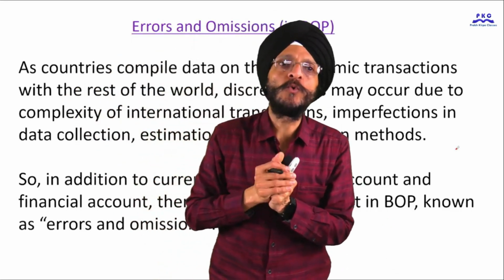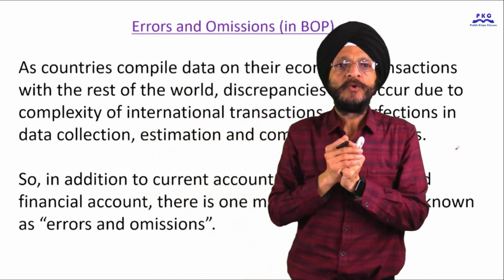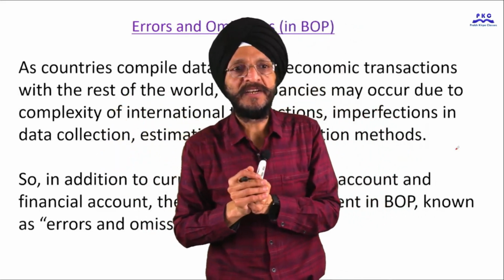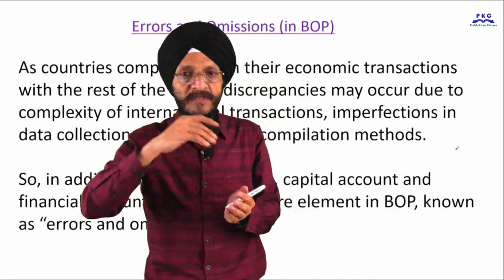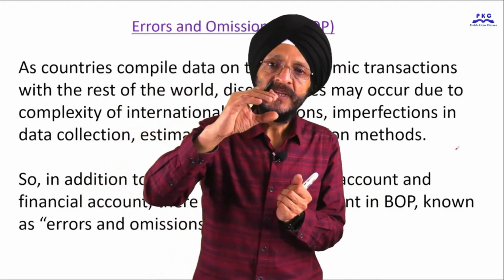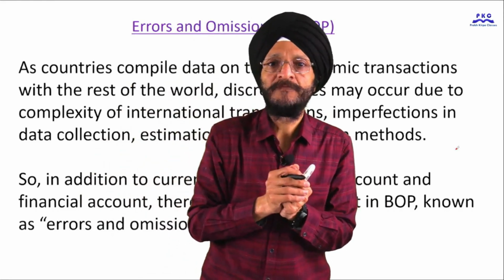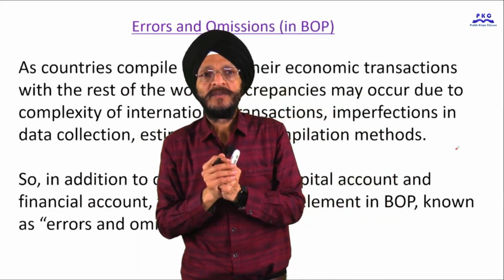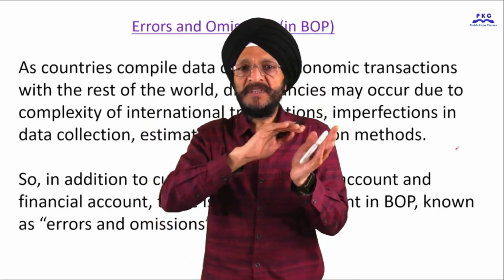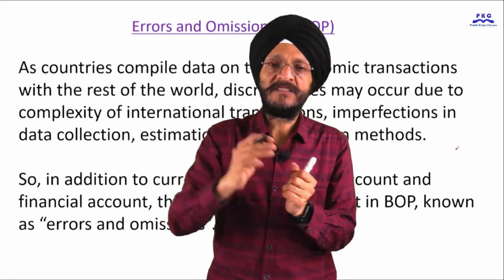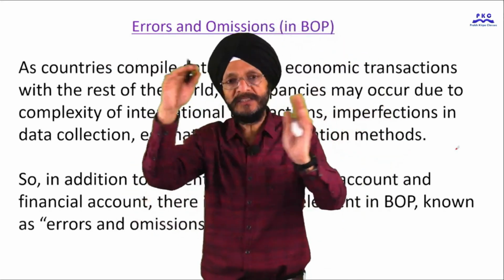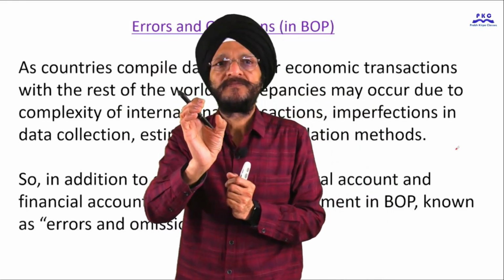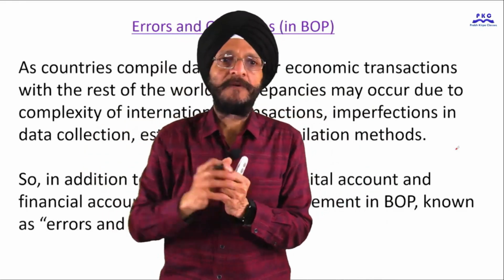Discrepancies are bound to occur due to many reasons, such as there may be some imperfections in data collection. Sometimes they have to make estimates for certain transactions. There may be difference in some compilation methods, or there may be some complexity in the international transactions. So due to all these reasons, there may be some errors and omissions in the data.